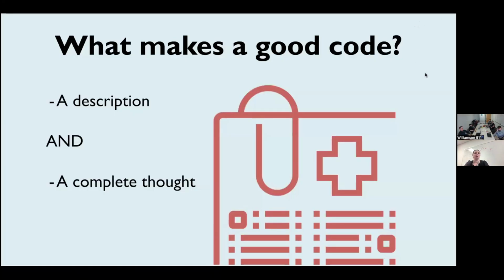What makes a good code in PTA? This is explicit in PTA. We think that people who do very good qualitative research do this implicitly. But in PTA, we say very clearly a good code, which is a tag you put on literally words, piece of data, a sentence or two, description, and a complete thought.